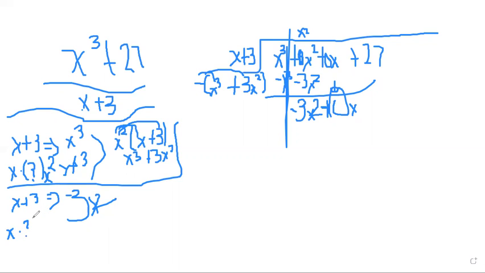I have one x, but I don't have another x for x squared. So what I'm missing is a negative 3x.